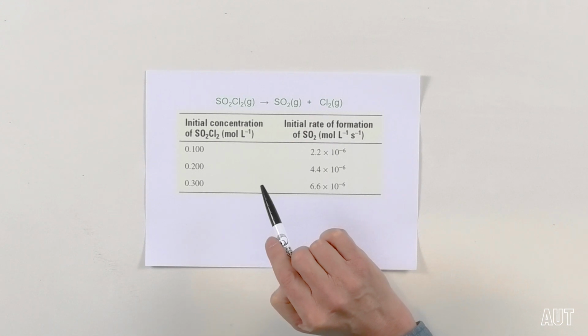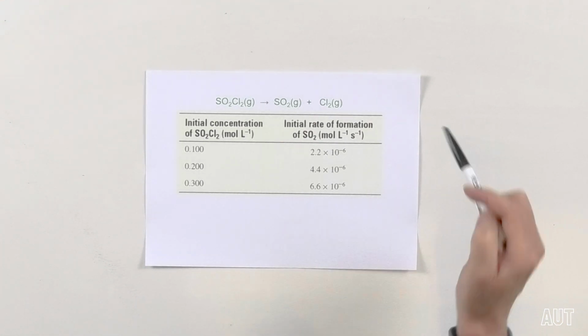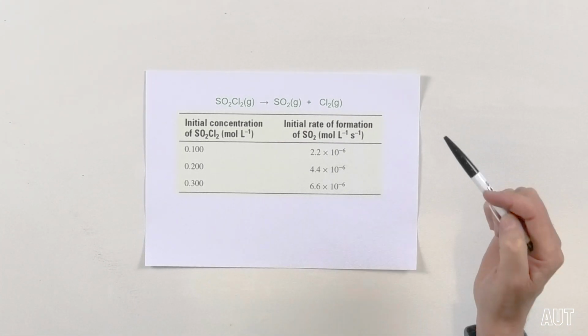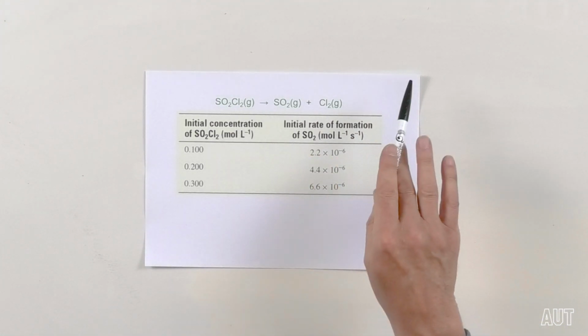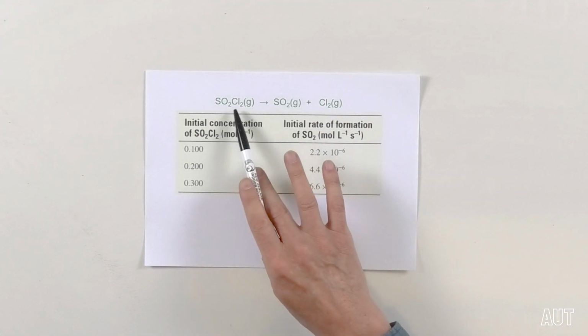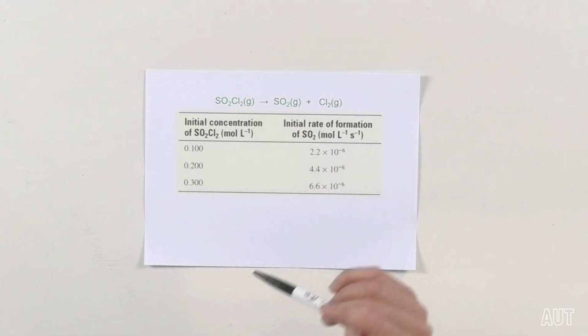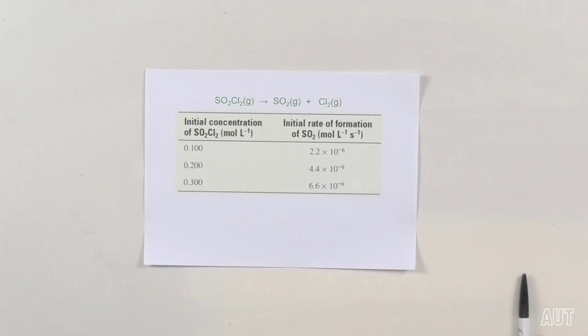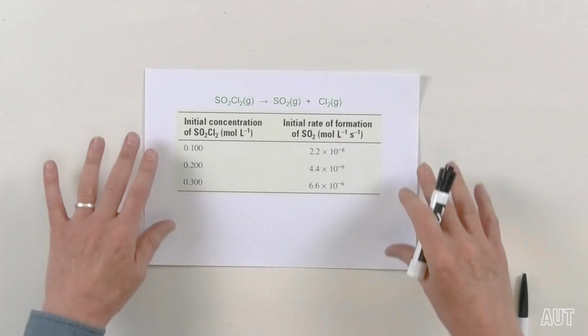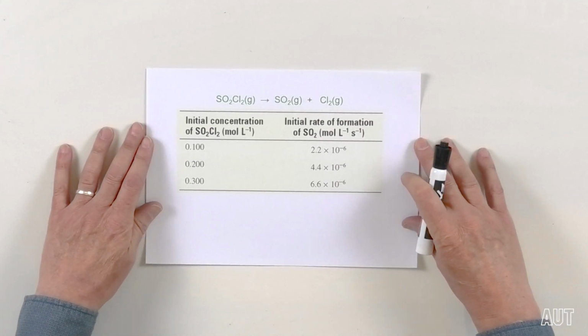This would be a classic exam question, and the question would go something like: determine the order of the reaction with respect to the concentration of SO2Cl2, given the following data. So let's check these data and see what they are telling us.